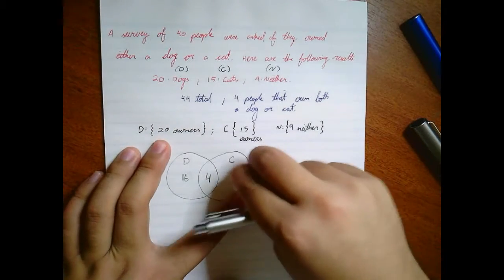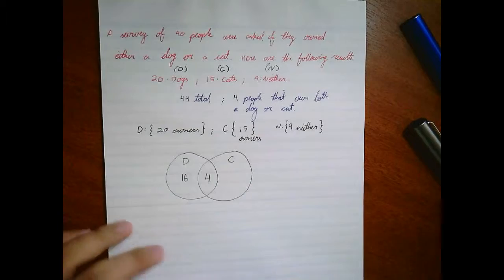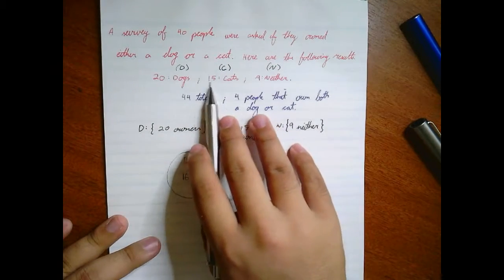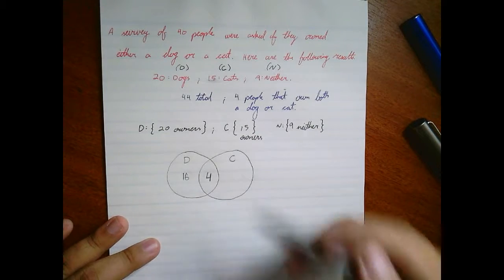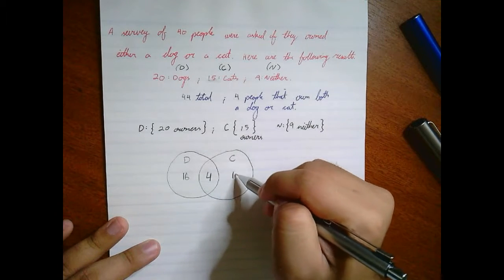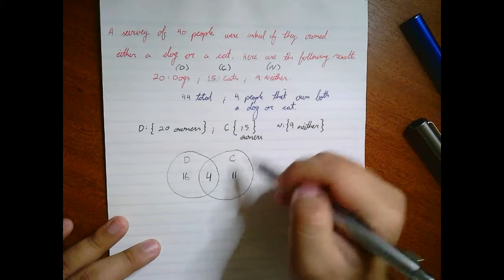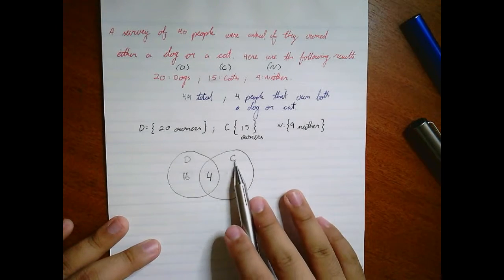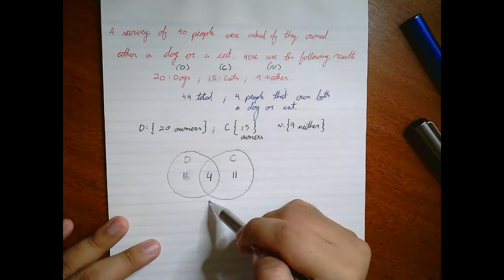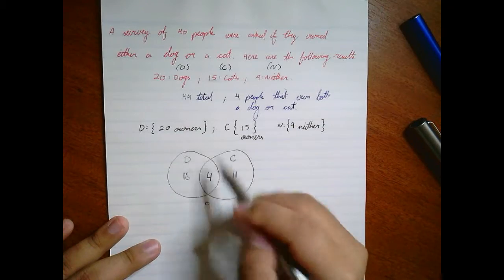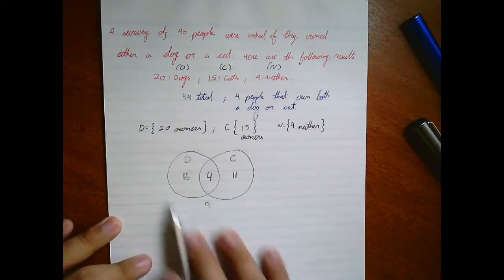Similarly, instead of 15, we're going to take the 15 cat owners and subtract the 4, because in this group there are only 11 people who only own cats. And then on the outside here, put a little 9, because these 9 belong to neither of these groups.